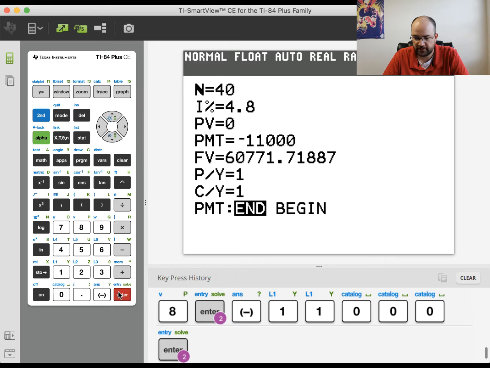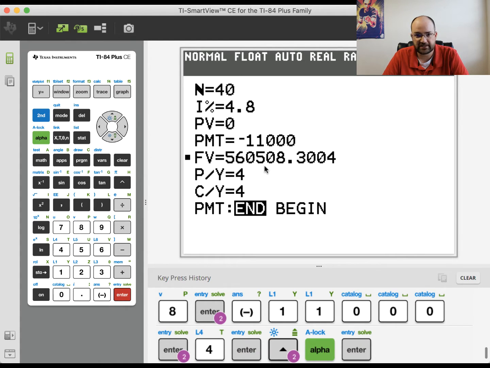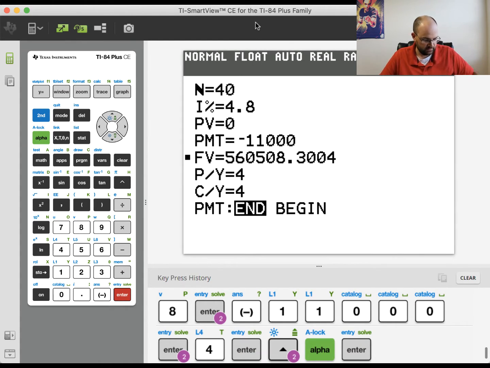We don't know the future value, but the payments per year and the compounding events per year were 4, and we do have that on end there, so we're just going to do alpha enter. And there you go, the exact same value. And I'm going to go ahead and just write that down, so that is $560,508.30.